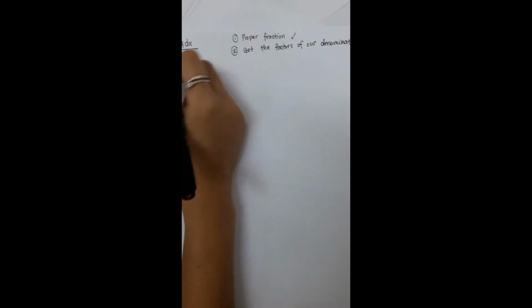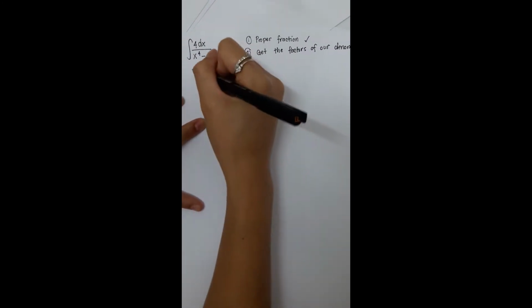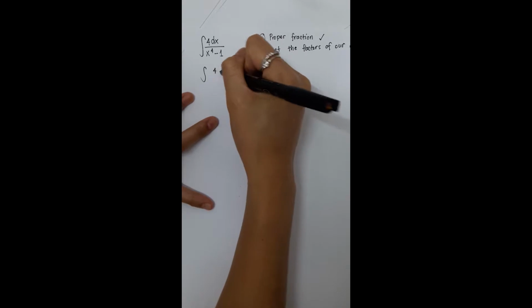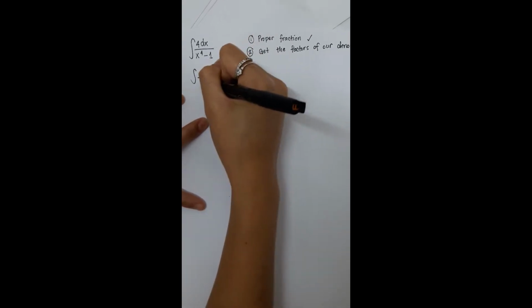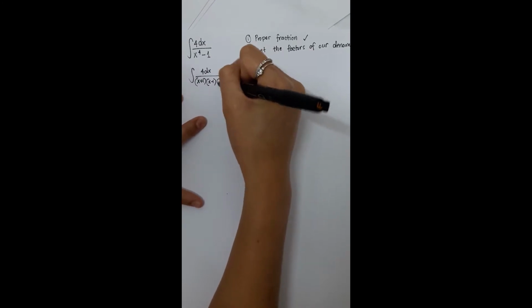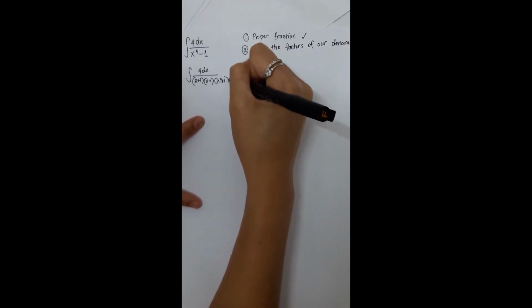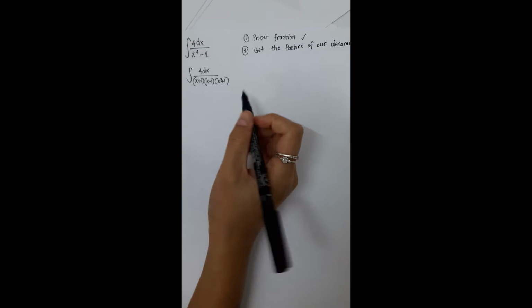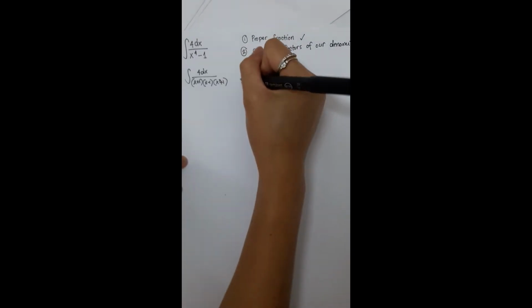So the factors of our denominator are x plus 1, x minus 1, and then x squared plus 1. I got the factors of our denominator via factoring.